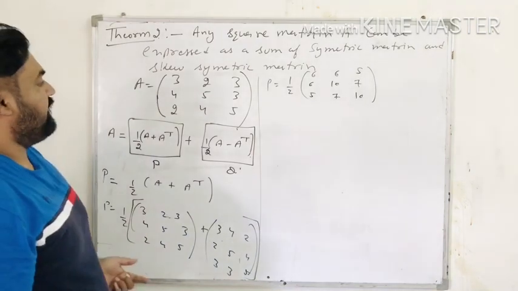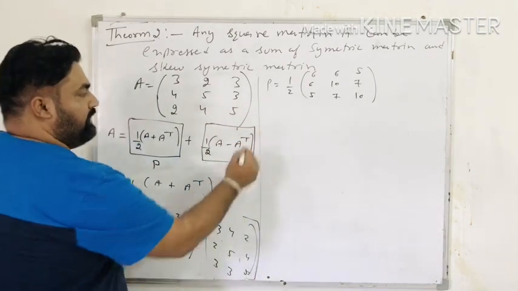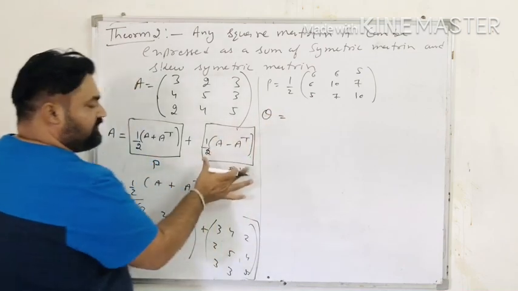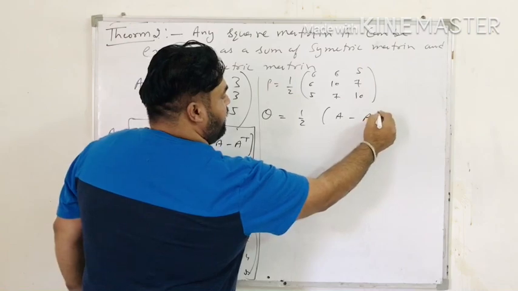So in this way we can find the value of P. Now we find the value of Q. What is Q? Half of A minus A transpose.